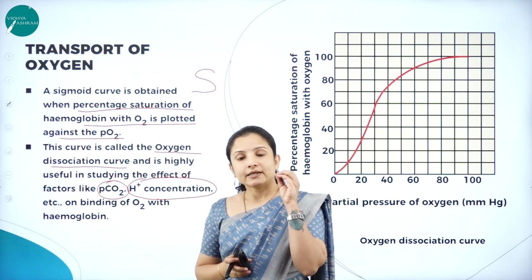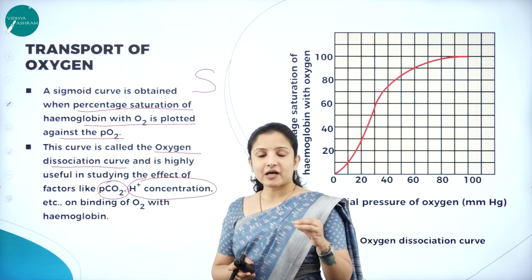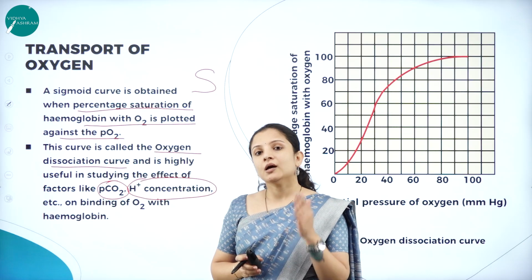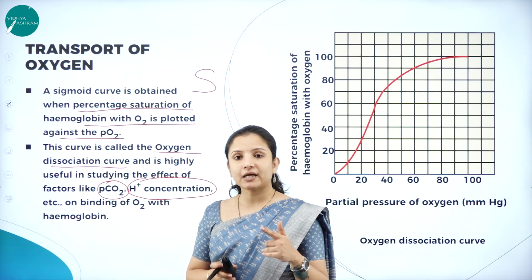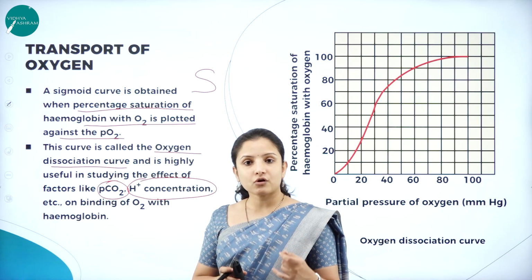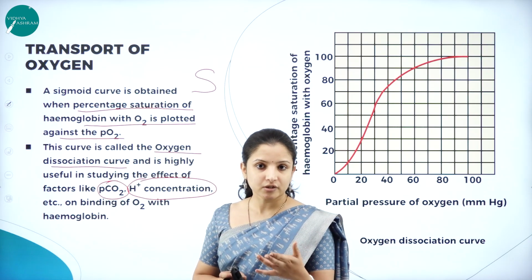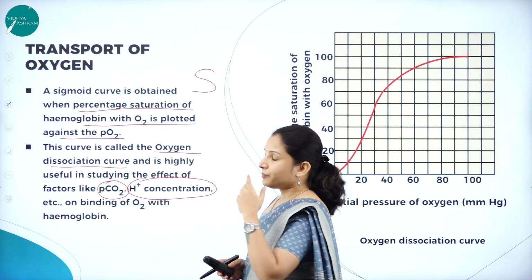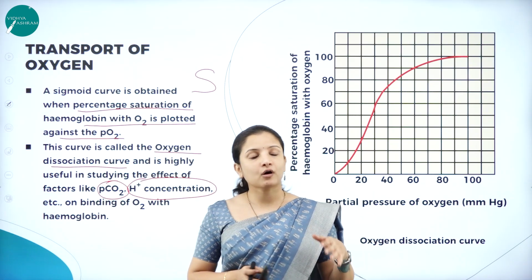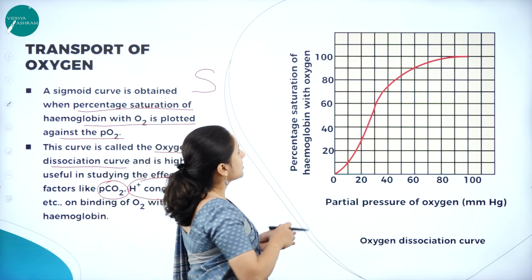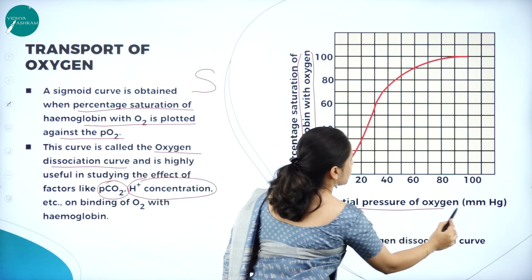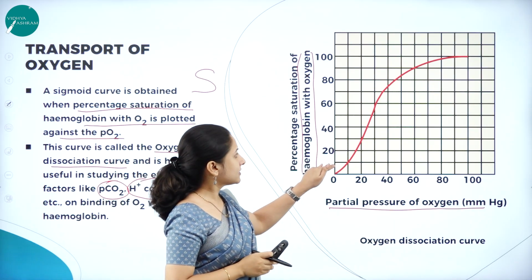Because I told you, it is not just the partial pressure of oxygen that contributes to the binding of oxygen to the hemoglobin. I had told you in the previous slide that apart from that, the number of hydrogen ions and the partial pressure of carbon dioxide also contribute to how much oxygen binds to the hemoglobin. So, by plotting the percentage saturation of hemoglobin with oxygen against the partial pressure of oxygen, we'll get a sigmoid curve.